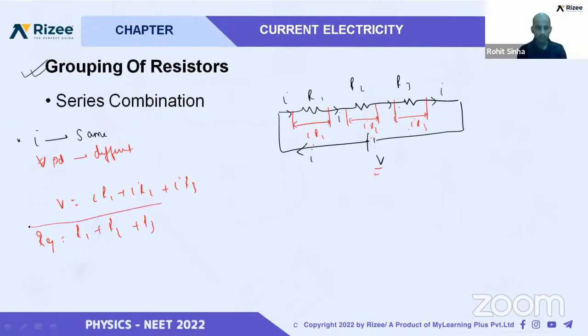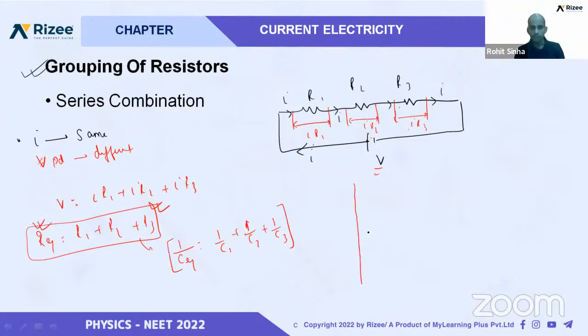I'm not going into detail. You must remember this is opposite to capacitor. You must have seen for capacitors in series, it was a different formula. You should remember this. For series capacitors this was the formula, and for series resistors this is the formula.